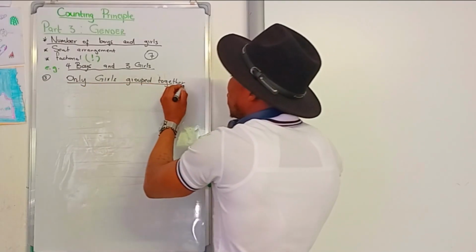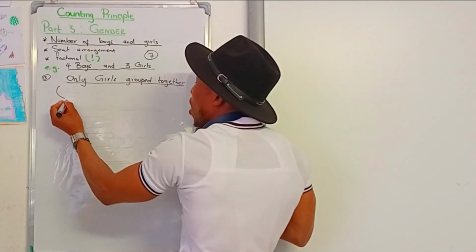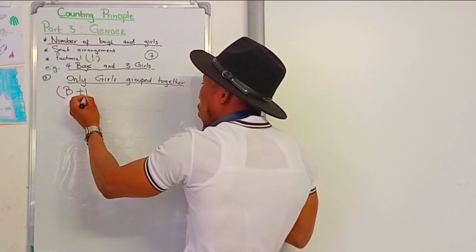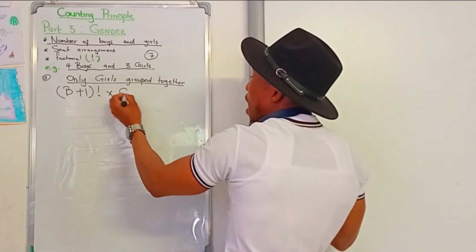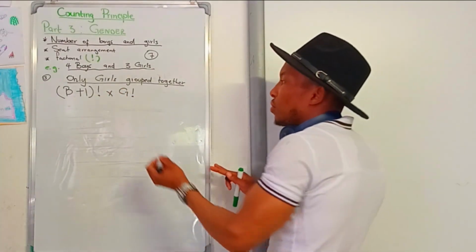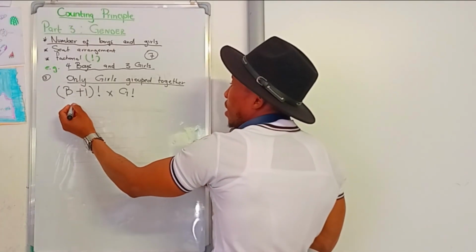If only girls are grouped together, then we're going to say, open the bracket, the number of boys plus 1 factorial times the number of girls factorial. That is the formula for you. The number of boys is 4, 4 plus 1 equals 5.